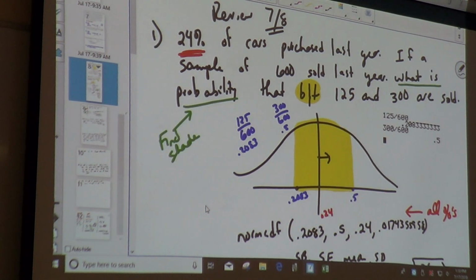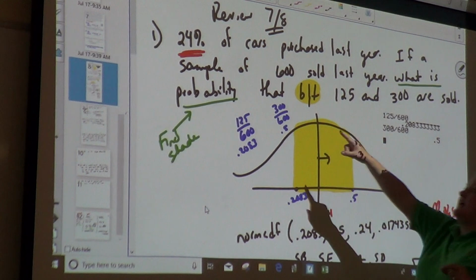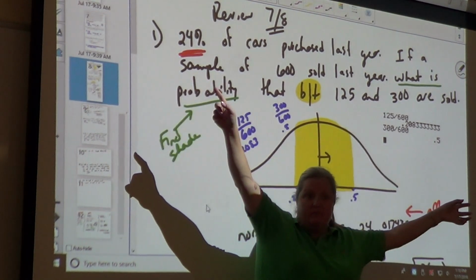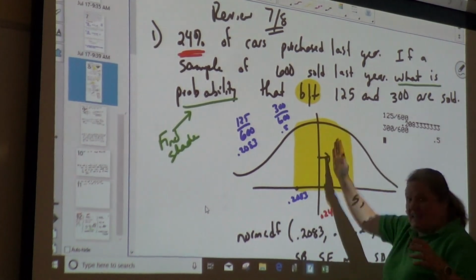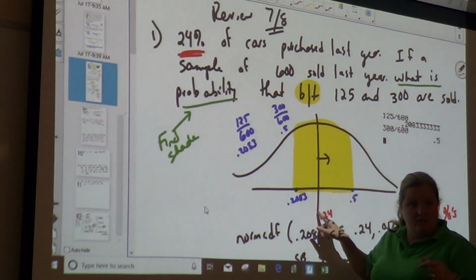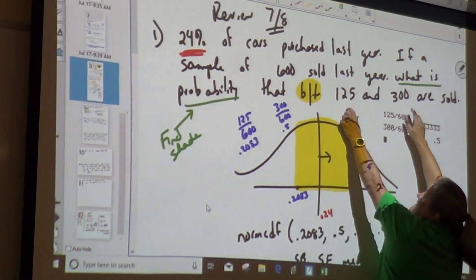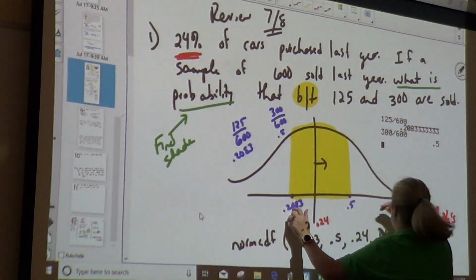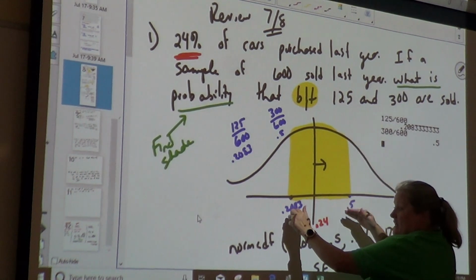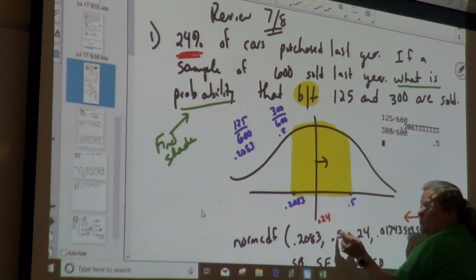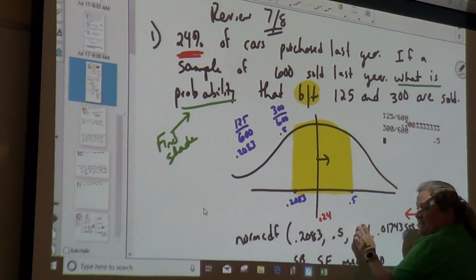So for this one, because this had a percent in it, that was that last type of problem. That's why our percent was our mean. That's why we had to turn these two into percents, because we can only have percents here. And we did the shading: where does the shading begin, where does the shading end, what is our mean.